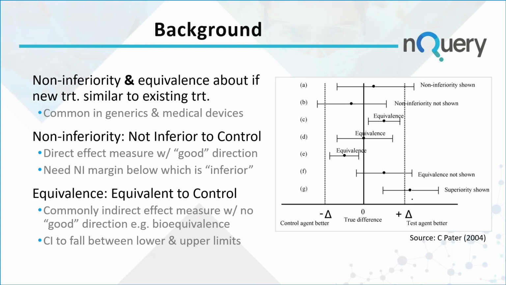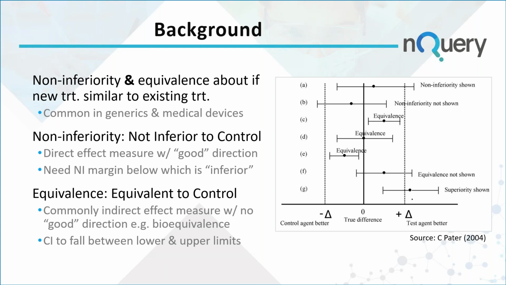And usually in this case, you're interested in some kind of endpoint which is an indirect measure of efficacy with no, in inverted commas, good direction. For example, with bioequivalence, which we'll talk about a lot later on, we're mostly looking at the concentration of a drug in your blood. And of course, in theory, increasing the concentration might be good, but we certainly can't take that as an assumption.